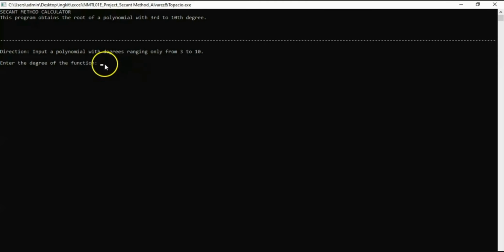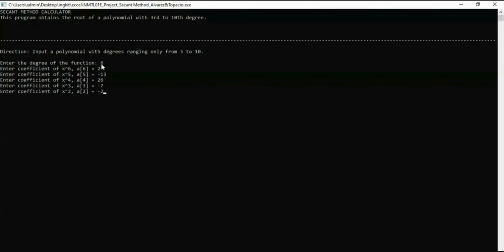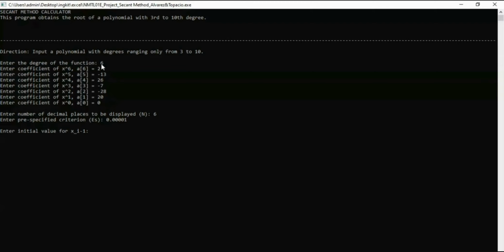Okay, so let me re-enter the data of the function we solved a while ago with a degree of 6 and corresponding coefficients 2, negative 13, 26, negative 7, negative 28, 20, 0, and number of decimal places up to 6, pre-specified criterion up to 0.00001, and for the initial values, let's say I'll put 2, and for the x sub i, I'll also put 2.